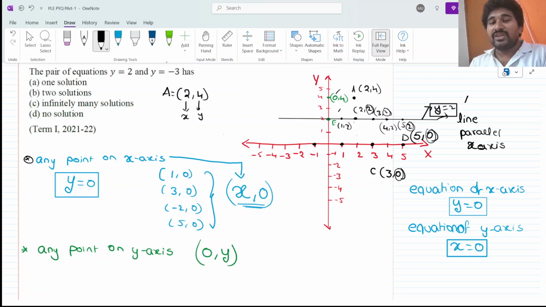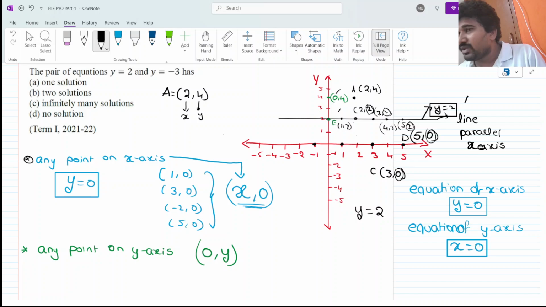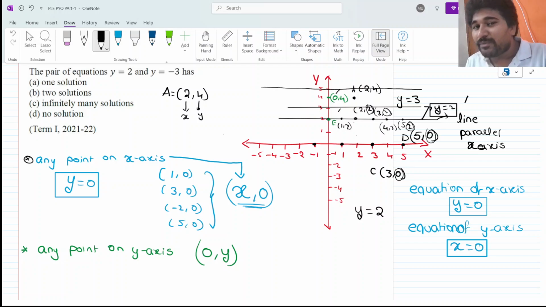This is the equation of a line parallel to the x-axis: y is equal to 2. If I write a line at 3, what will be its equation? y is equal to 3. If I write a line at 5 parallel to the x-axis, its equation will be y is equal to 5.